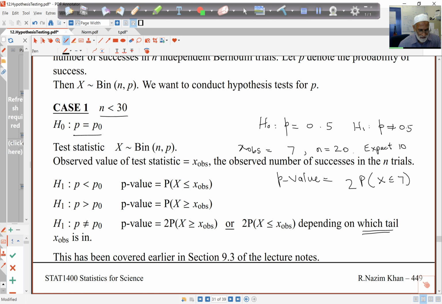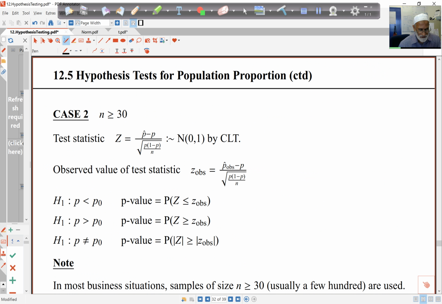So let's see some examples. Let's get to the real situation here. We're now looking at large sample sizes, and in many cases, especially if you're looking at samples of people, it'll be in the order of hundreds, if not thousands. We saw earlier in our work on estimation and on sampling that the sample proportion is approximately normal by the central limit theorem.